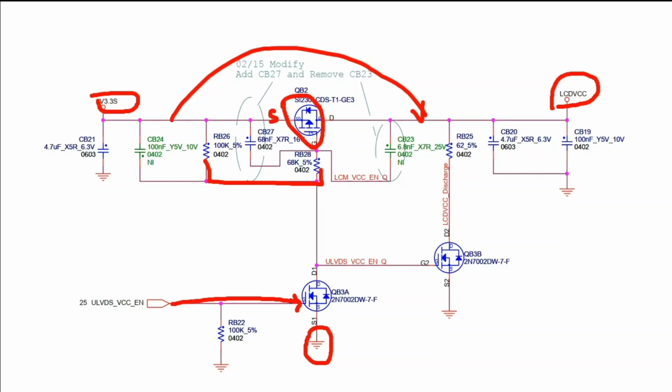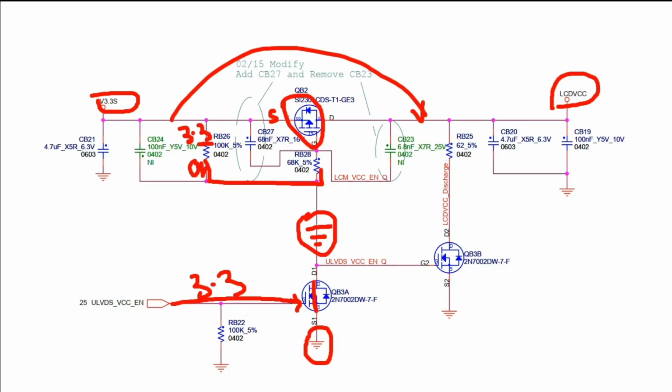So if we get a 3.3 volt on this line, the N channel MOSFET will start conducting the source and drain together, and we will be getting ground at this side. So if we are getting a ground on this side, the voltage that is coming after this RB26 resistor, the 3.3 volt, will not come here due to the low impedance at this point. So here we will be having 3.3 volt, and here we will have 0 volt.